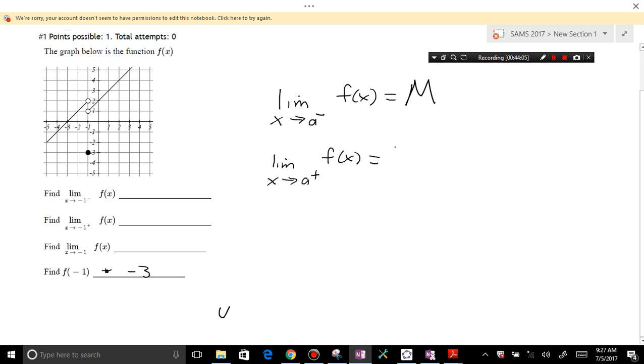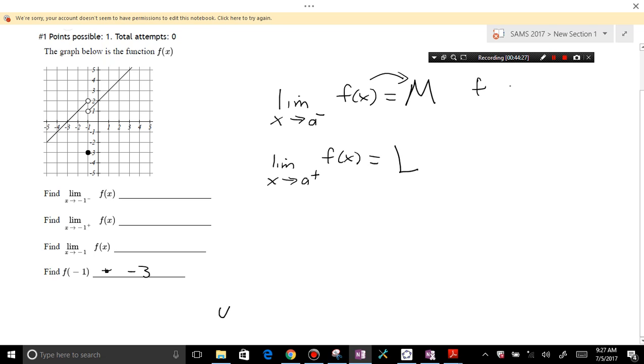When I say that's M and when I say that's L, this means that I can make F sufficiently close to M by taking values of X that are close to A, but smaller, right?